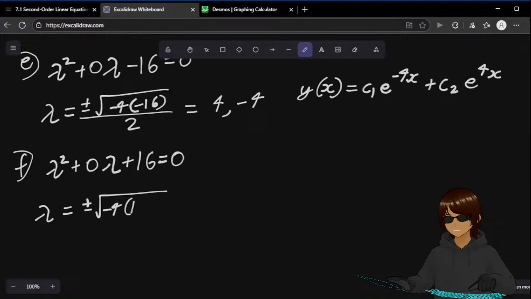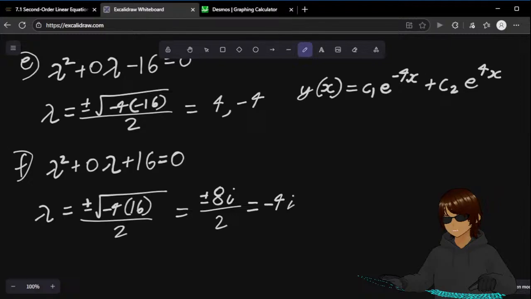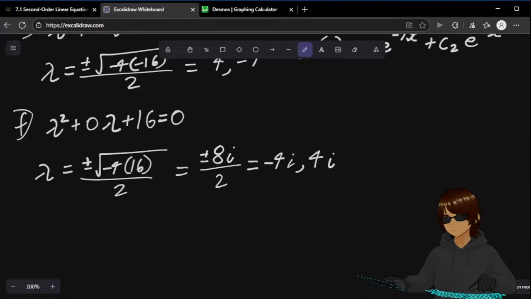Minus 4 times a times c over 2a is equal to minus 4i, 4i, plus minus 4i.